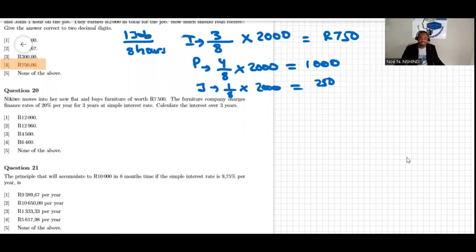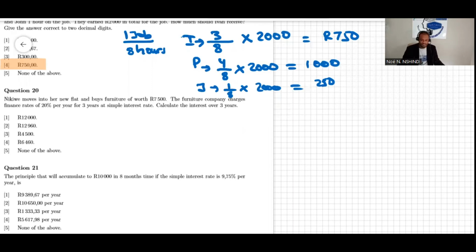Well, the question says that Nikki Way moves into her new flat and buys furniture worth 7,500. The furniture store charges finance rates of 20% per year for 3 years at simple interest. Calculate the interest over 3 years.